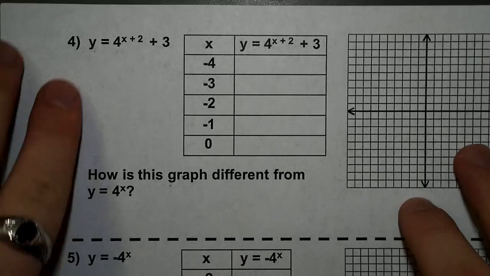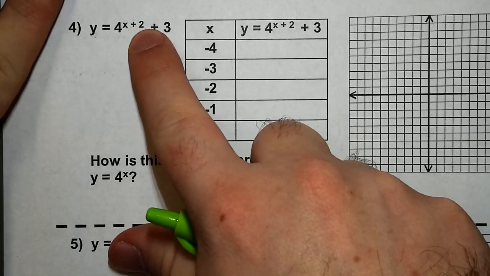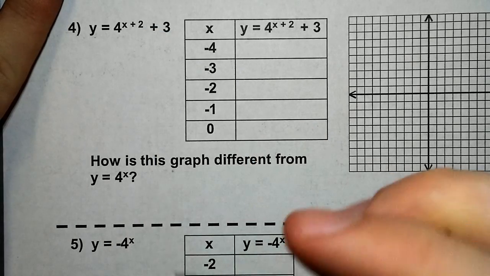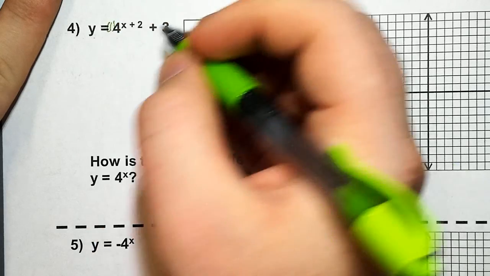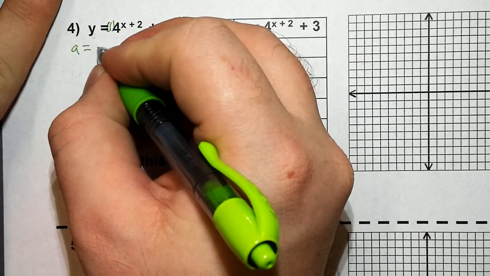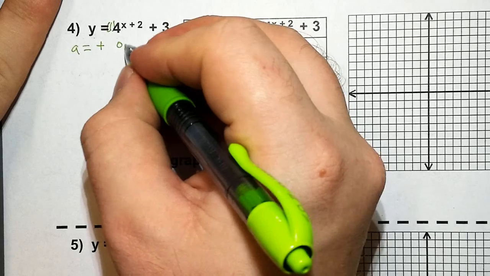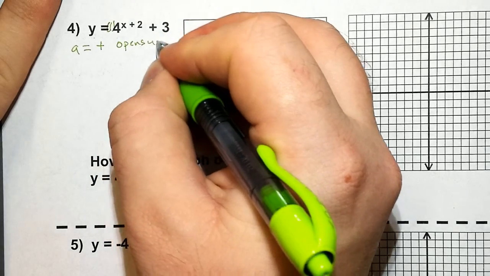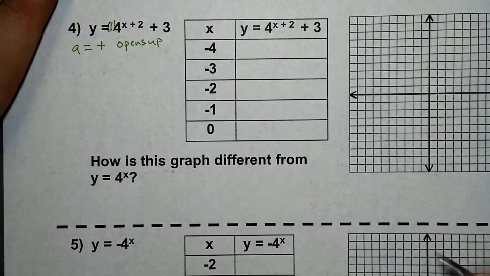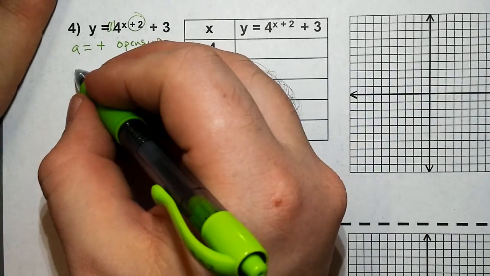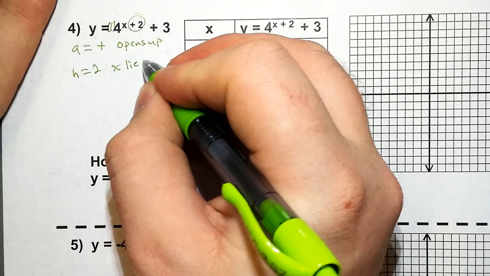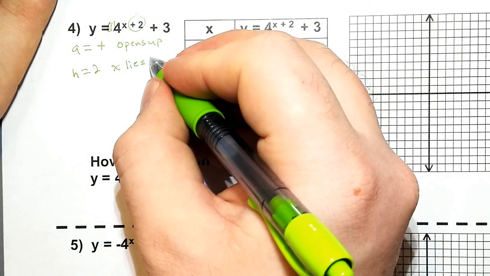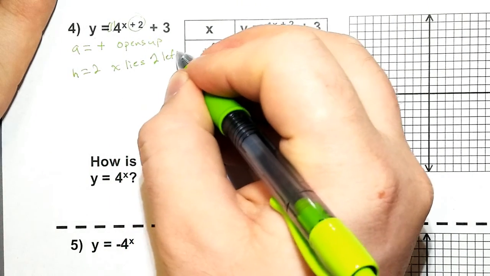All right, let's go to the back. Now we've got 4 to the X plus 2 plus 3. So let's go through. Once again, we have a missing A. It's positive, so it opens up. We do have an H. Our H equals 2. And remember, x lies, so it's going to go 2 to the left.